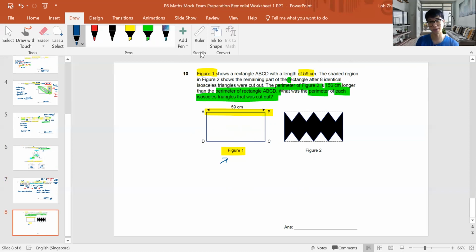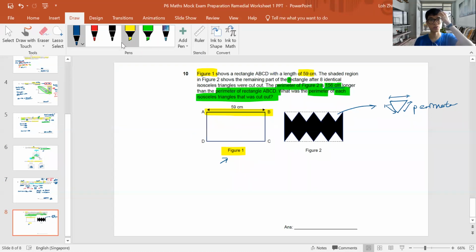First you need to understand that this is the isosceles triangle. Its perimeter, which means here plus here plus here, is what the question is looking for. We know that the perimeter of figure 2, the whole thing here, minus the perimeter of figure 1 is equal to 156.